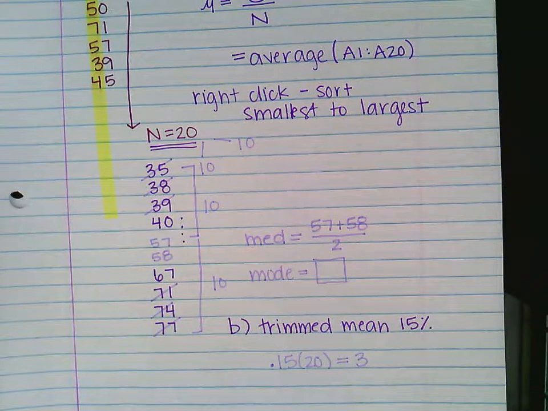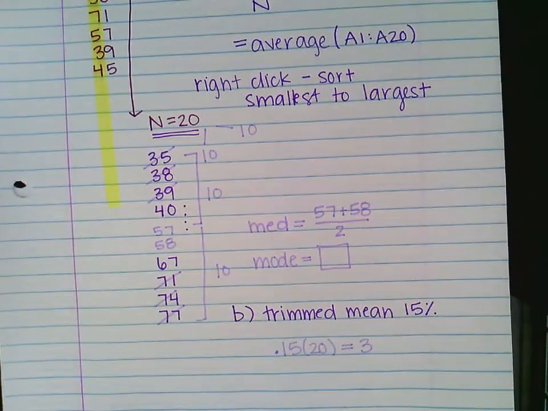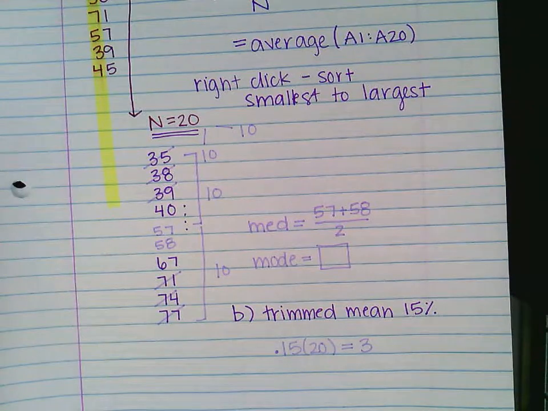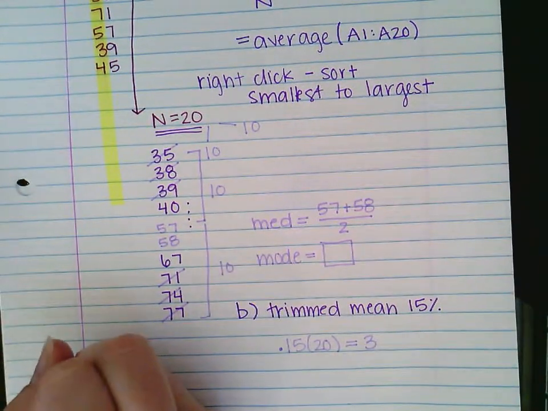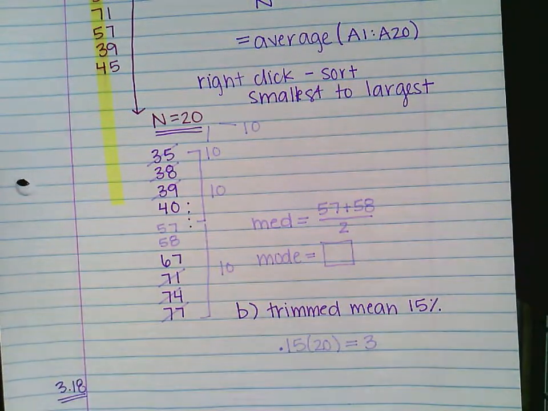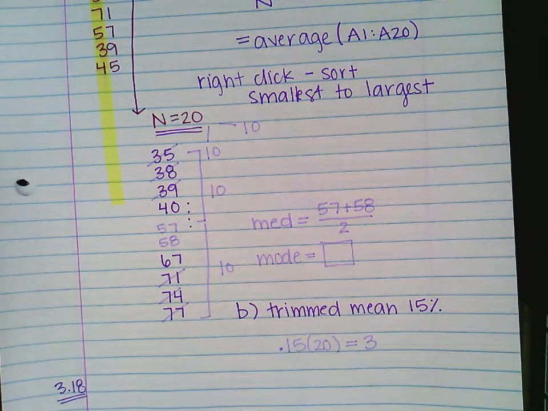And again, if this is Excel, you can just delete those out and recalculate the average, and that's nicer. Or you can just retype them in, and then you can find the trimmed mean that way. And then 318 is the exact same type of problem here, so you can go in and practice that.